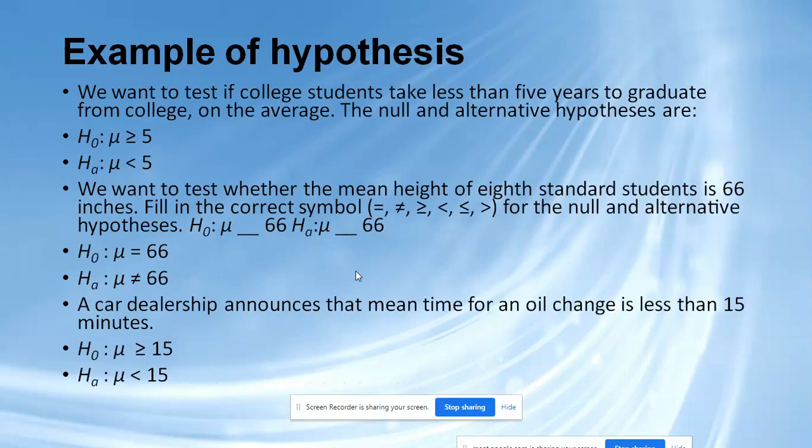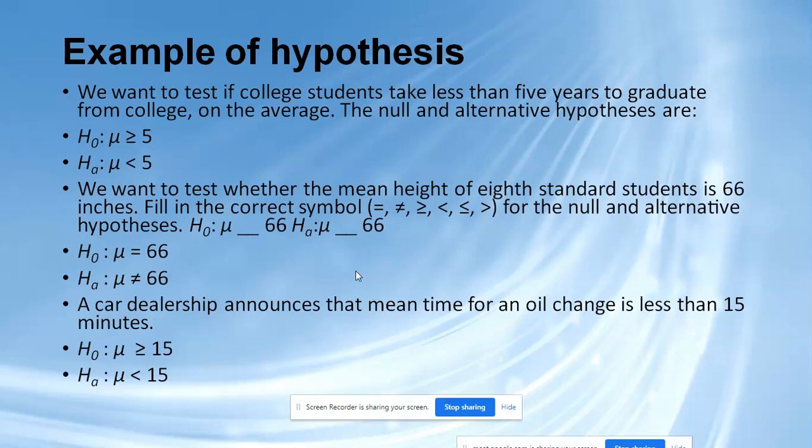Now these are the examples of null and alternative hypothesis. Suppose we want to test if college students take less than 5 years to graduate from college. We are taking one survey, and in that survey we want to find out how many years a college student takes to graduate.